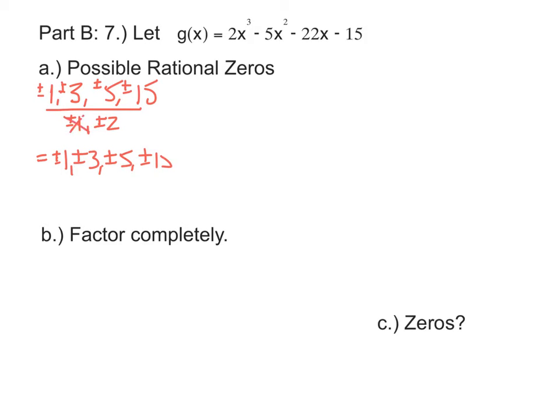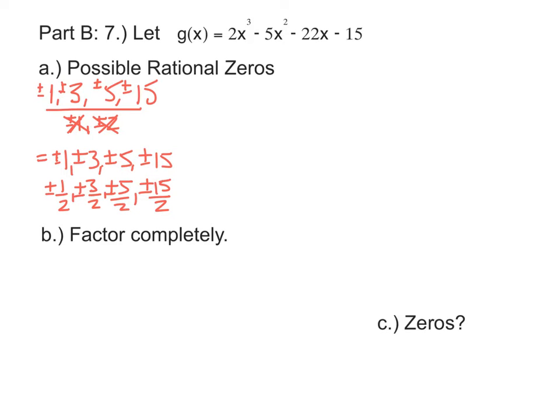That's when the denominator is 1. Now we'll go through the entire list again and let the denominator be 2. Then we'll have plus or minus 1 half, 3 halves, 5 halves, or 15 halves.